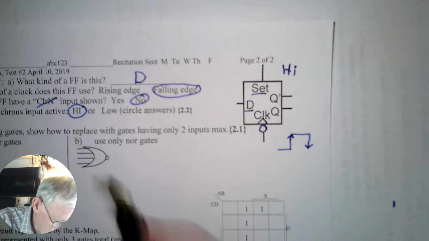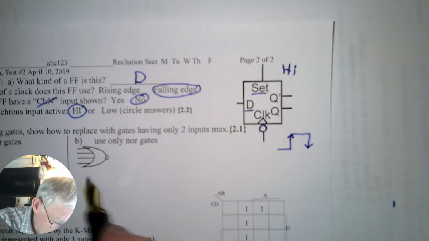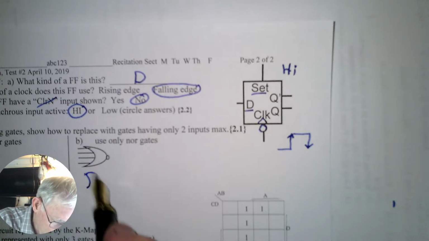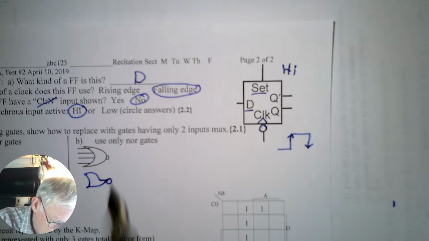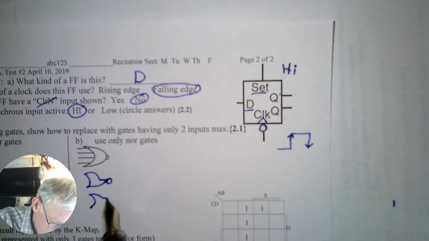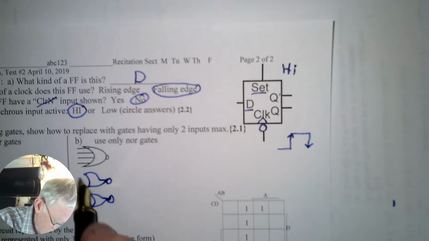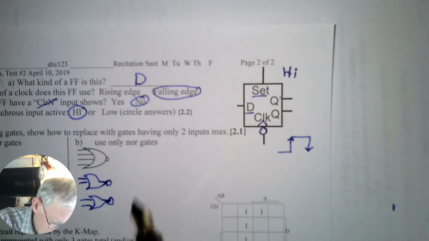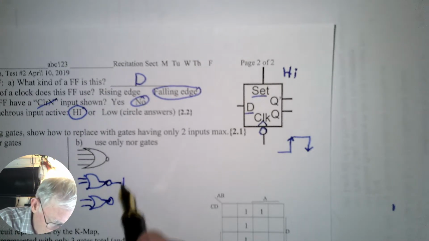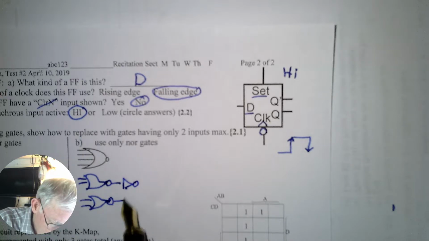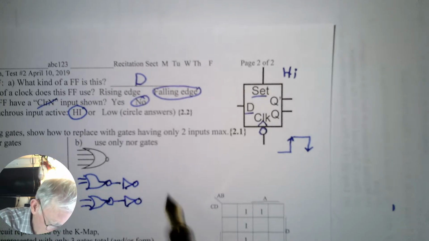However, when you use a NOR gate, that's a little different. Now we'll have 2 NOR gates, but with bubbles on them. And you put 2 of the inputs in here, the other 2 in here. These come out, and now you have to go through an inverter, and then you can go into the final NOR gate.